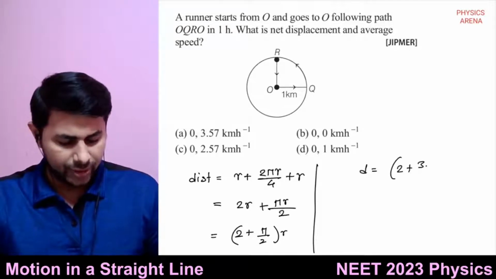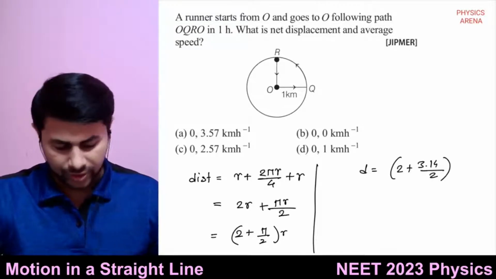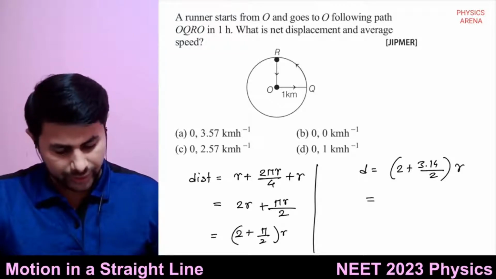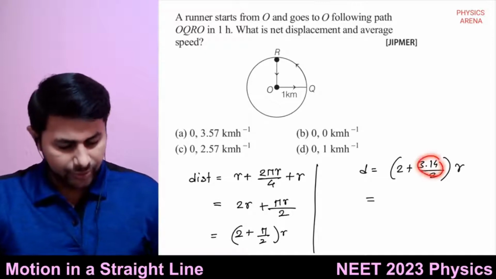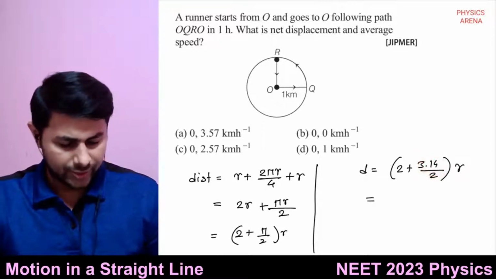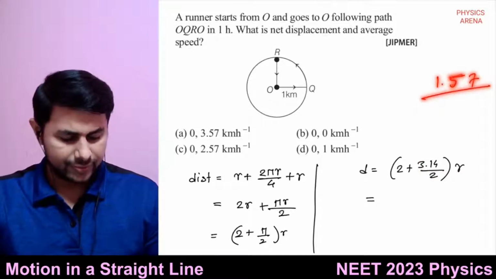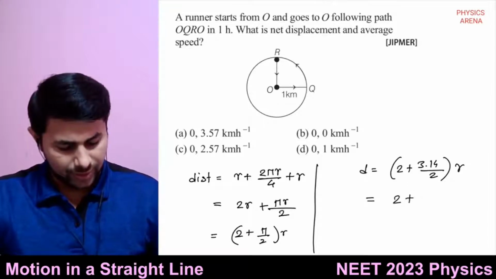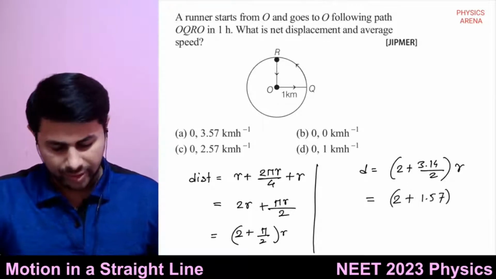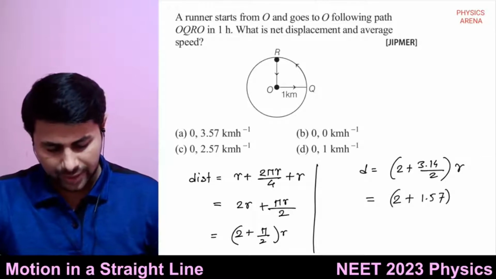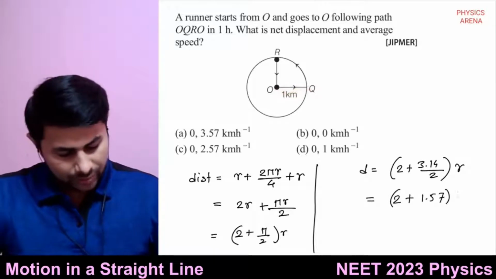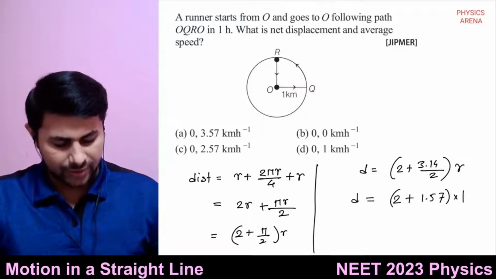So 2 plus 3.14 divided by 2 multiplied by r. So 3.14 upon 2 will be how much? 1.57, right? So 2 plus 1.57 multiplied by r. r is 1 kilometer. So multiplied by 1, this is distance covered.